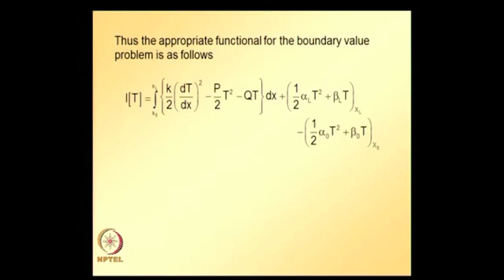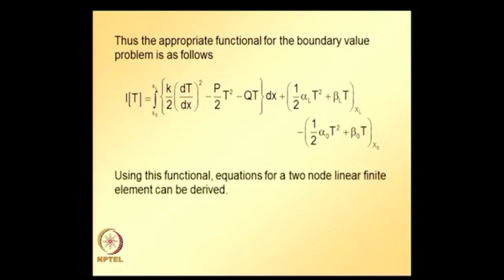So using this functional and equations for a 2 node linear finite element, if a 2 node linear finite element is chosen for discretization, equations for a linear finite element can be derived.